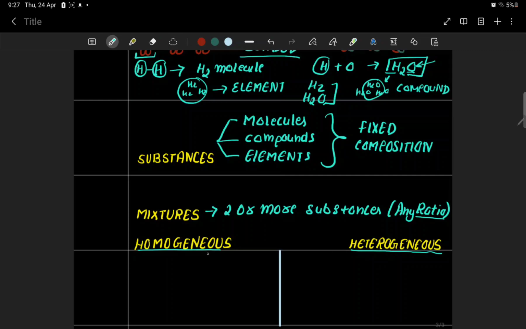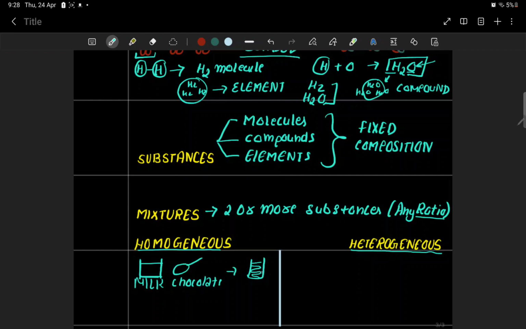When it comes to homogeneous mixtures, an example, if we have a glass of milk, and we add a spoon of chocolate powder, the milkshake is uniformly distributed.